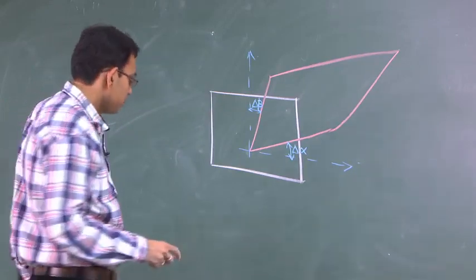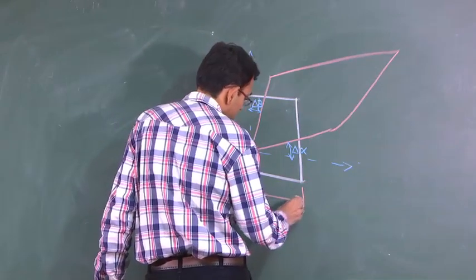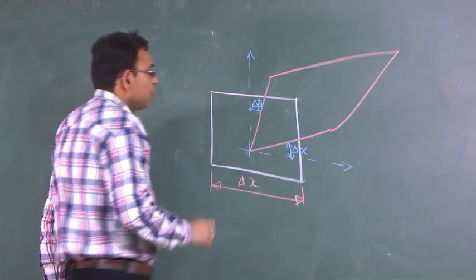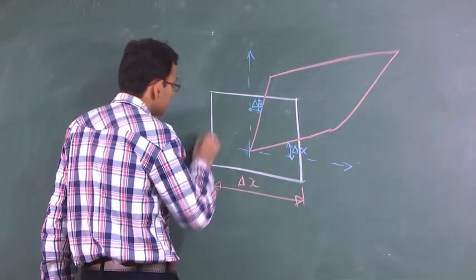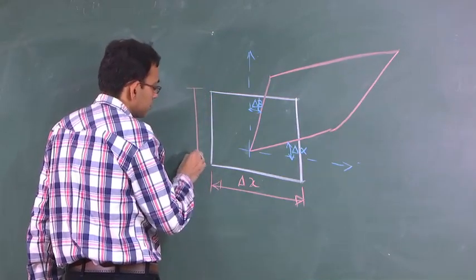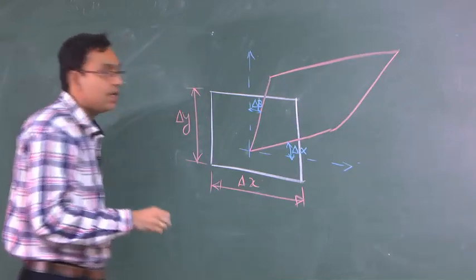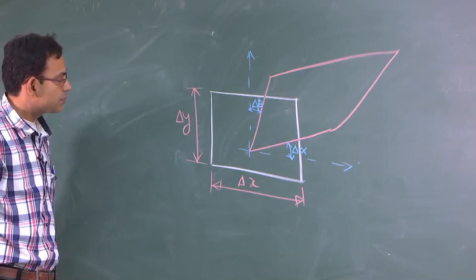Let us say that delta x is the length along x and delta y is the length along y.